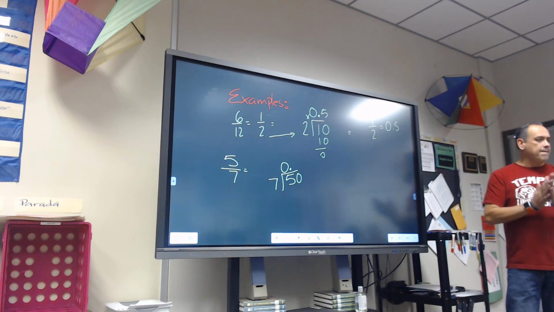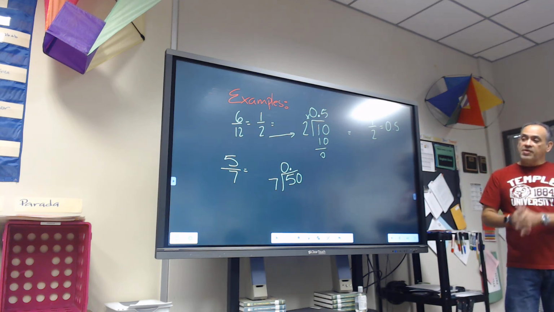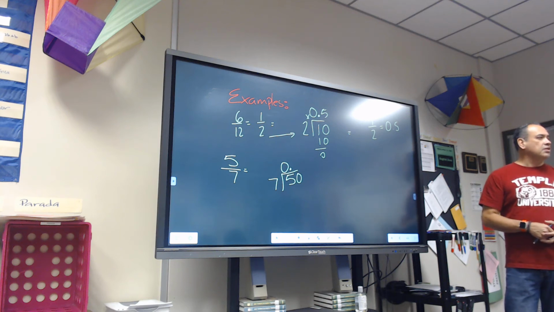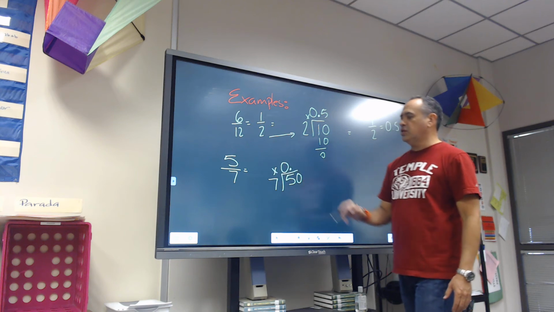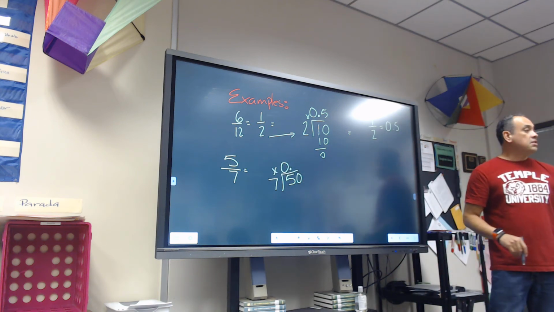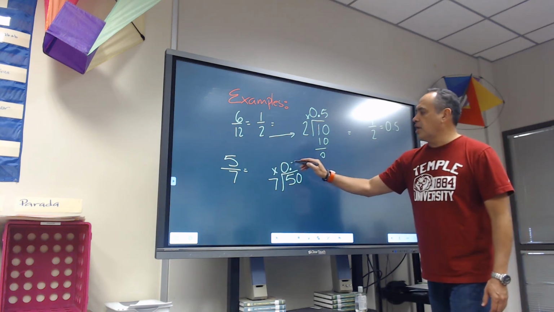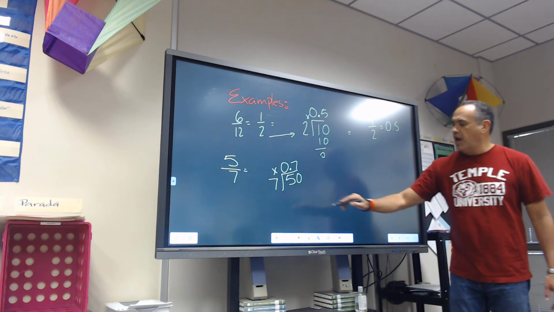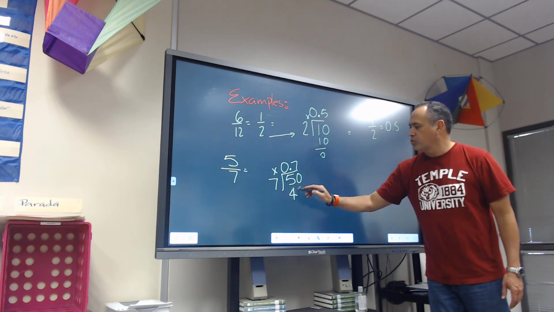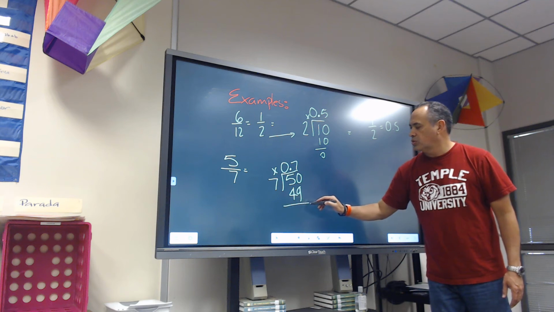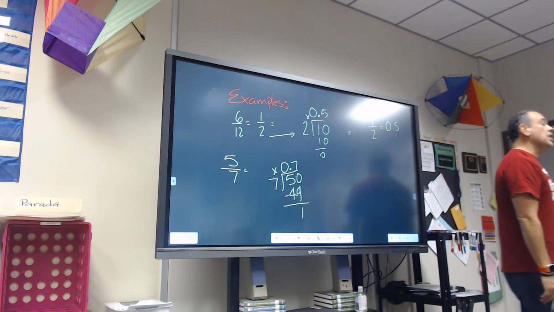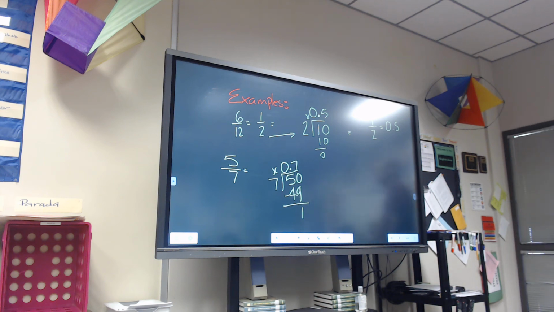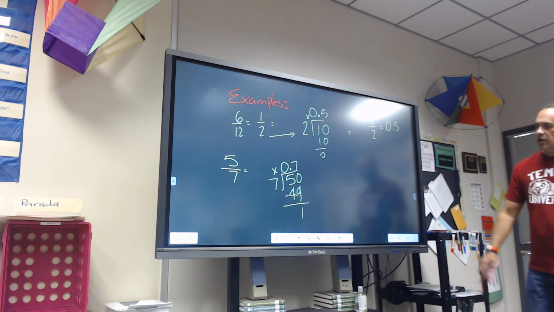So let's see here. Does 7 fit now into 50? Yes. And what number multiplied by 7 gives me 50 or close to 50? 7 times 7, and that will be 49. Subtract and I get a 1. That's the remainder, but I'm going to continue because I can add as many zeros as I want.